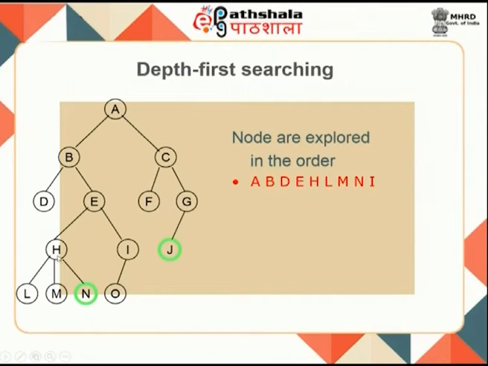Again I backtrack, I visit M, then N, dead end. I backtrack, these are already explored. I come here to I, then O, then dead end. I backtrack to I, already explored; E, already explored; B, already explored; A, already explored.